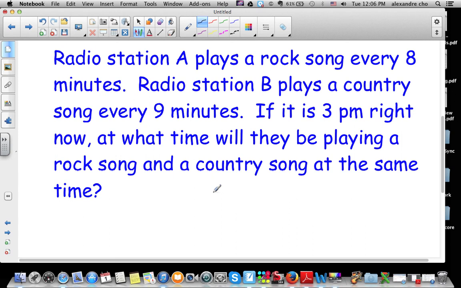How do I know this is an LCM question? It's because I want to know when two things that are happening over and over again will meet down the road. So there's a rock song that plays every 8 minutes, and the country song plays every 9 minutes. So at some point they should meet. So LCM of 8 and 9.